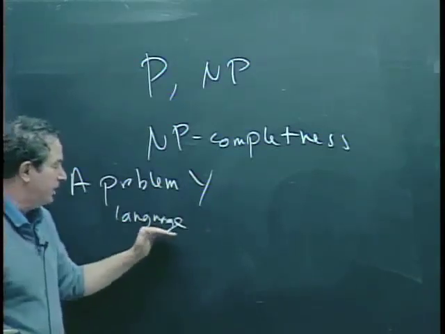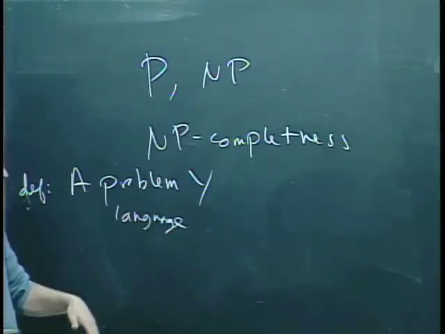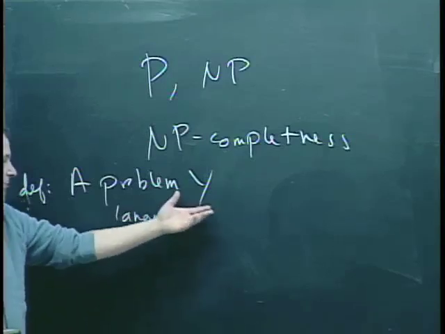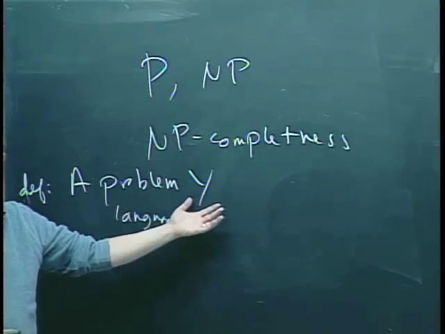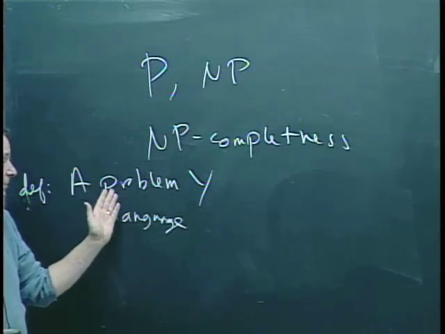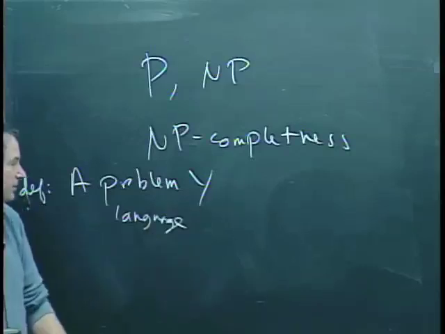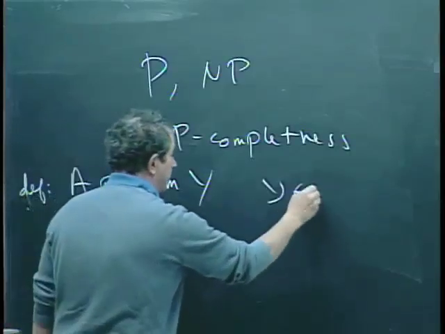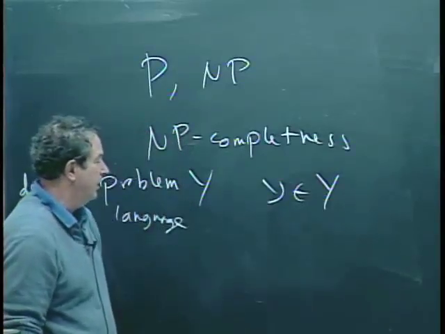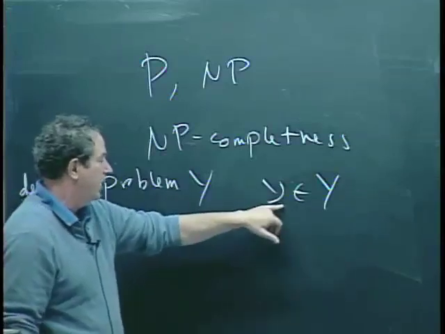And after class last time, I looked back at the book, and it's kind of funny that they do drift over into the whole notation that talks about problems as sets. But they never use explicitly the word language. They continue to talk about a problem, and yet they refer to it as a set. So they'll talk about whether little y is contained in capital Y, which means, as I defined last time, whether input little y to problem capital Y has a yes answer.